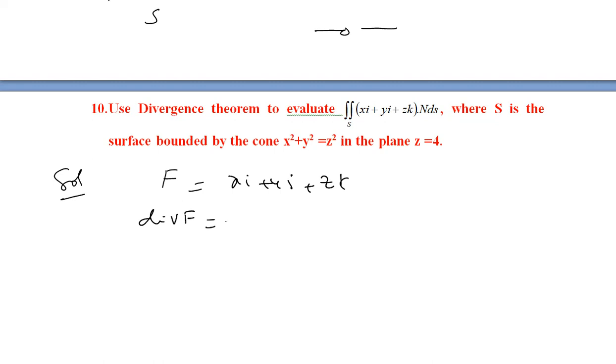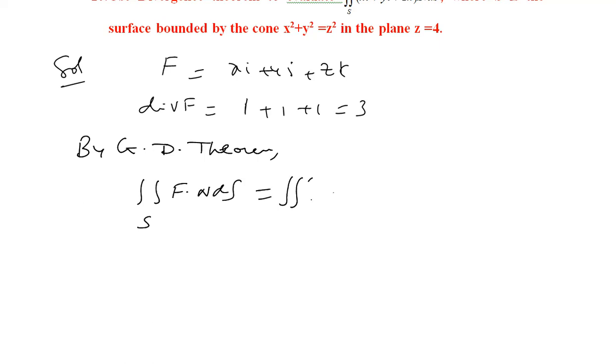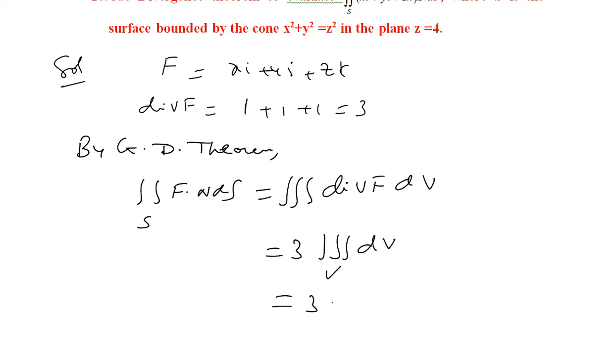Divergence of f equals 1 plus 1 plus 1, which is 3. By the Gauss divergence theorem, the double integral of f dot n ds equals the triple integral of divergence of f dv. So the divergence value is 3, and the triple integral of dv is nothing but the volume.